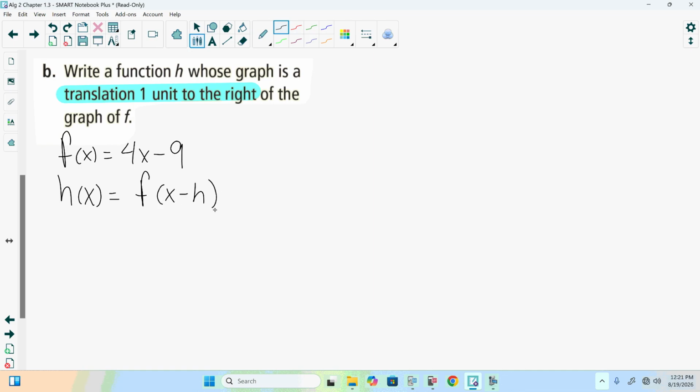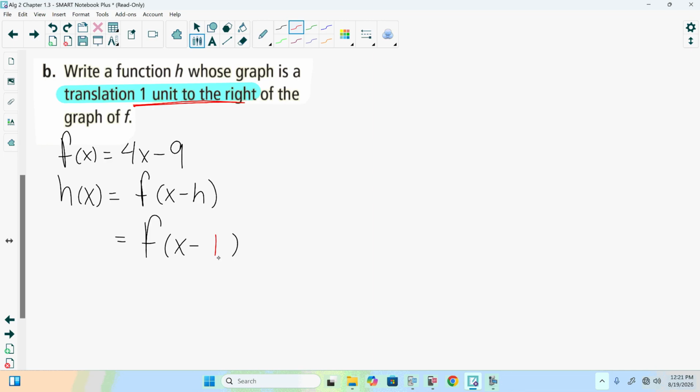Now our left-right translation is f of x minus h, where h is our movement to the left or to the right. And it says we're moving how far? 1 unit, yes? So we'll put 1. Will this one be positive or negative, the one we're plugging in? Because we're moving right, yes? Right is positive.